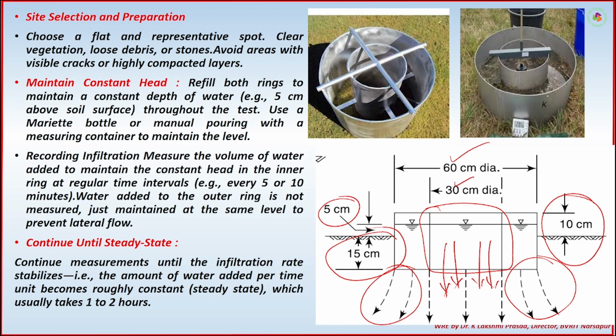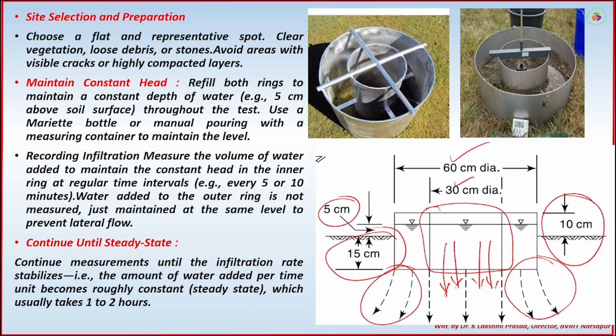So by using the double ring infiltrometer, the outer ring helps to prevent the lateral entry, and in the inner ring the entire water percolates down vertically as a one-dimensional flow downwards. That is why this method is being used for more accurate infiltration rate.